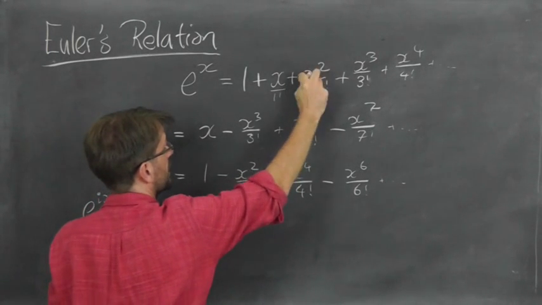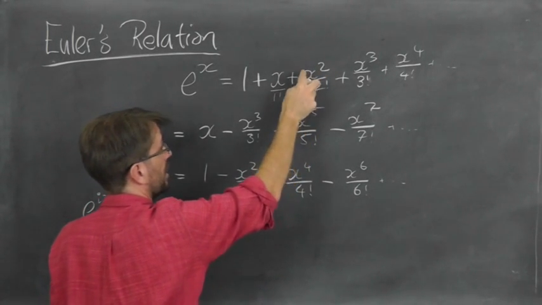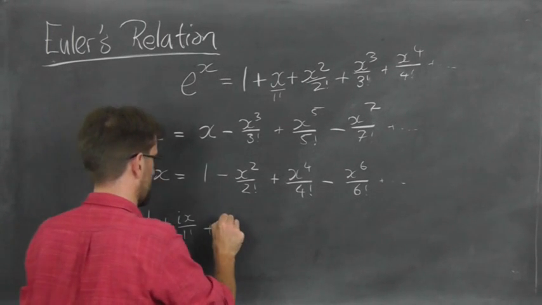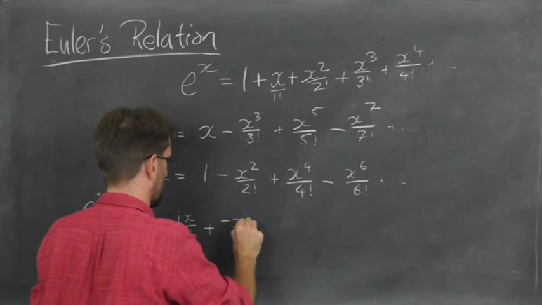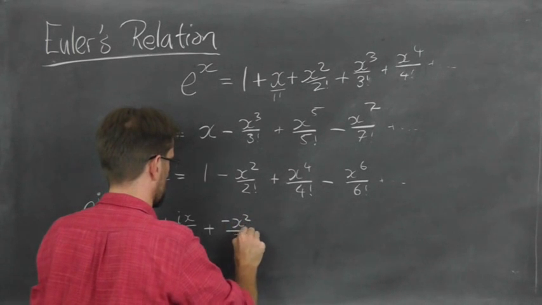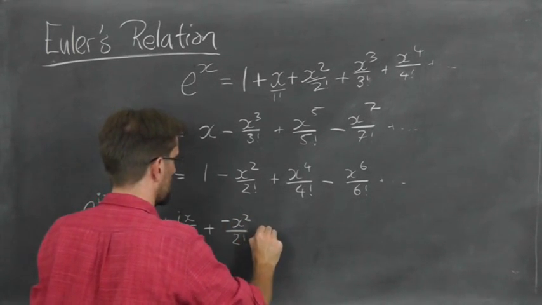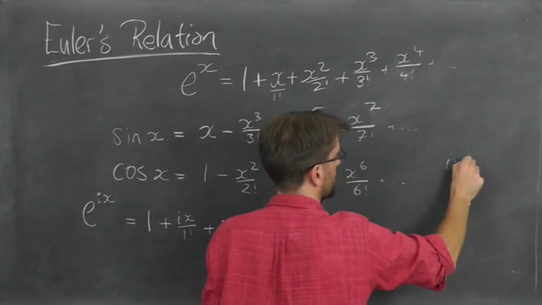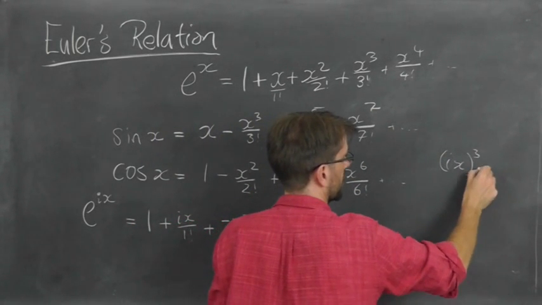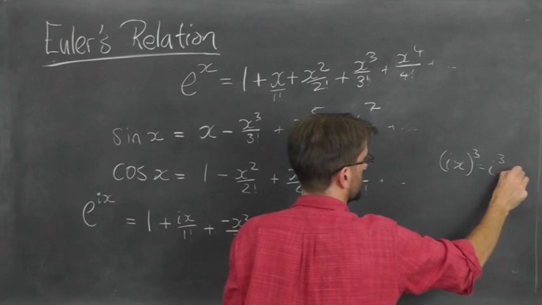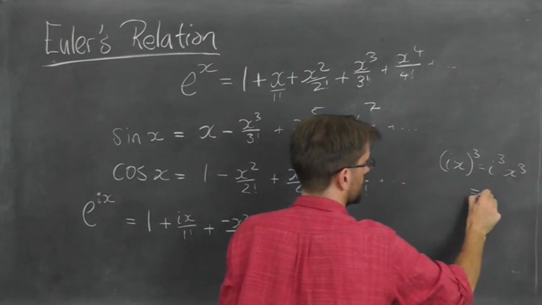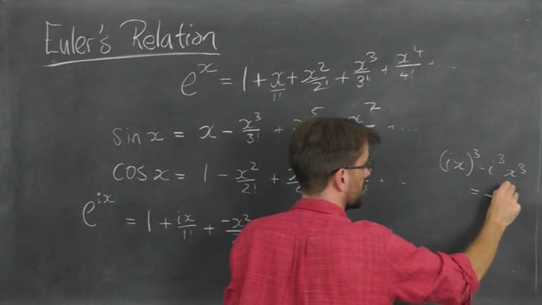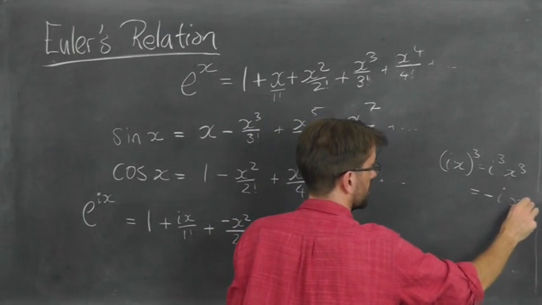well, instead of x squared we get ix all squared, and i squared is minus 1. That's the whole point of i. So what we get here is minus x squared over 2 factorial. And then the next time we get x cubed, so we need to put ix cubed in there, so that's i cubed times x cubed, and i cubed is equal to i times i squared, so that's just the same as minus i times x cubed.